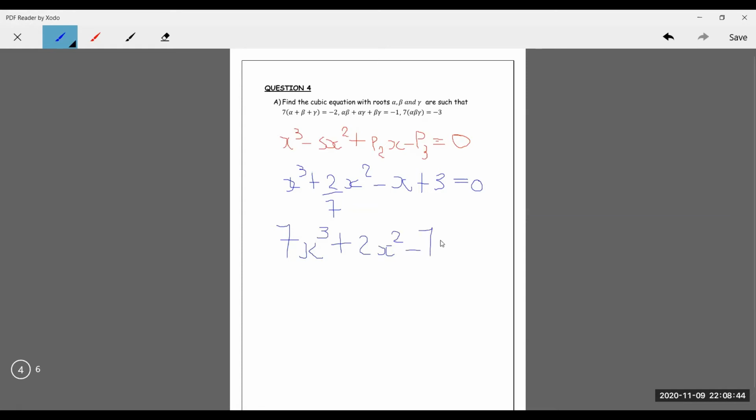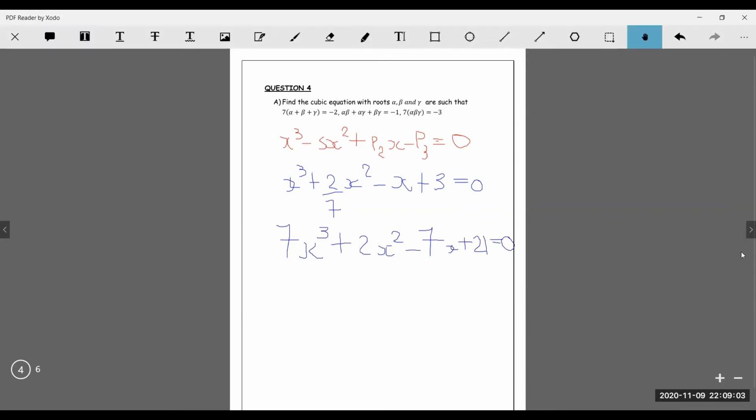So they like to just do this so that it looks more presentable. But for me, it really doesn't matter if you leave it however you want to leave it. You could leave it as this up here, or you could write it as this. It doesn't matter to me. All right? Easy, soft.